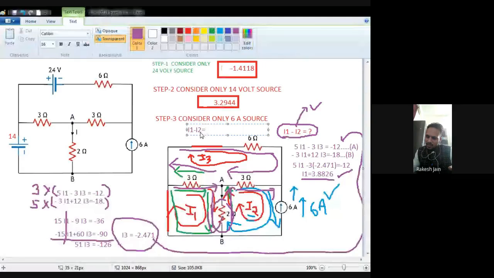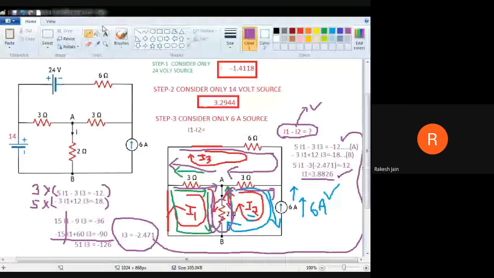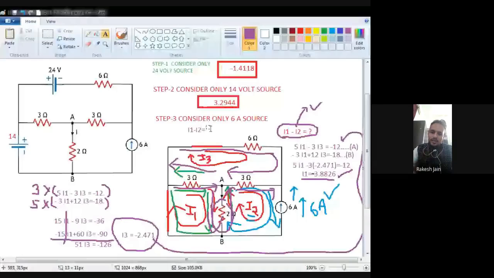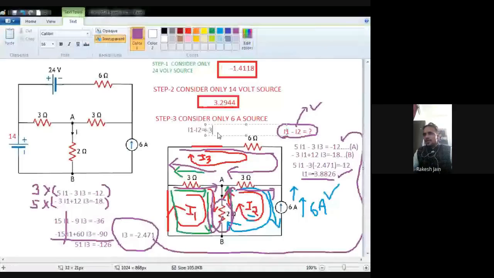Now I change the equation number first by writing down the I2 value. So I put the I2 value minus 6 in place of I2. Now see the equation third, minus 3I1. So this is minus 3I1 and I only write down I3, so plus 12 I3.